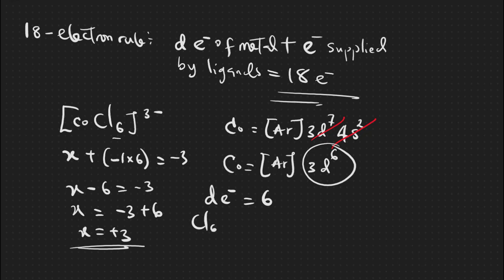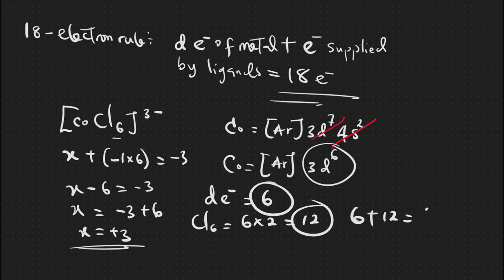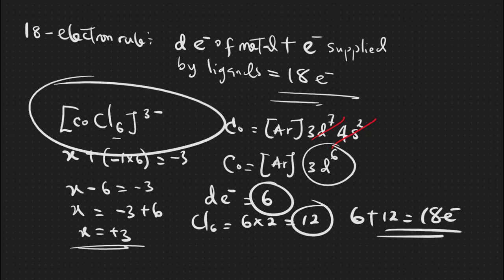So chlorine 6 will give us 6 times 2, making a total of 12. If you add this plus this, we have 6 plus 12, total of 18 electrons. So based on the 18 electron rule, this complex is stable because it has a total of 18 electrons.